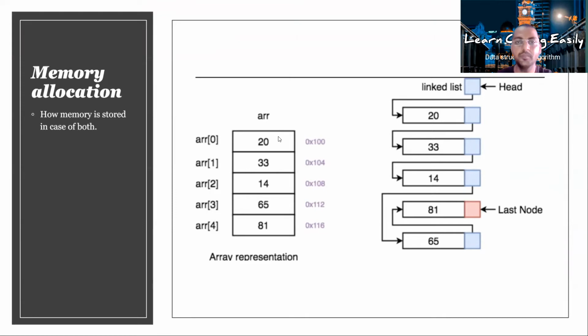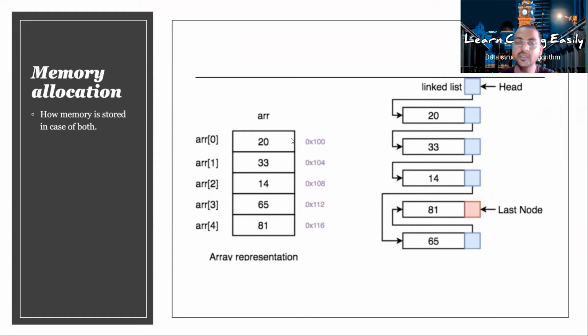Now here, in case of an array, memory allocation is contiguous. It means once we store the first element at, let's say, this particular memory address 100, the next element will be attached to it. That means it will be contiguous.